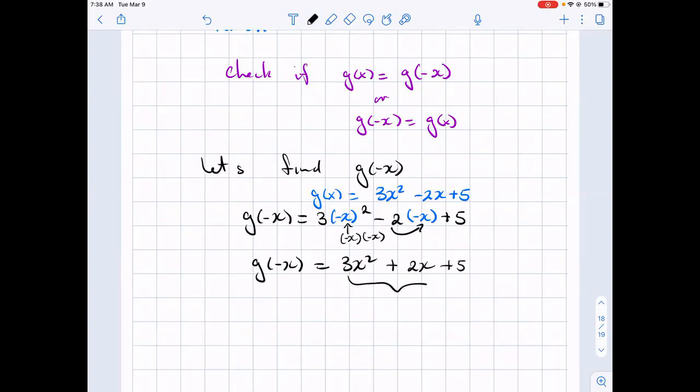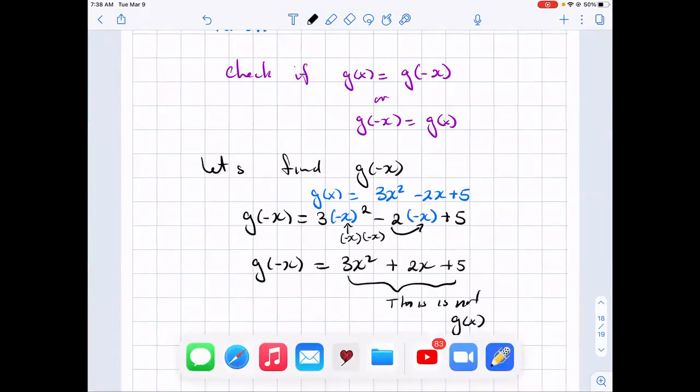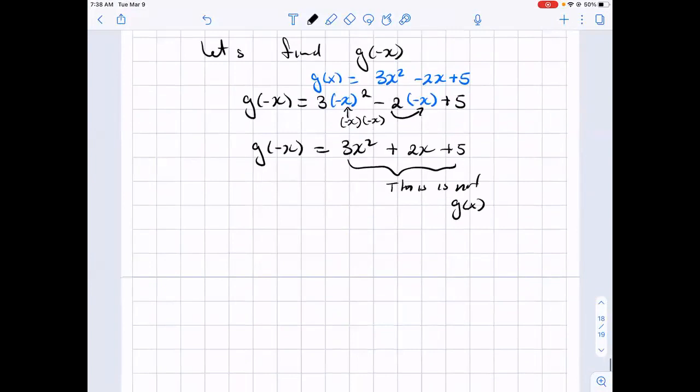And notice that this is not g of x. Notice here there is a plus sign, and here that was minus.